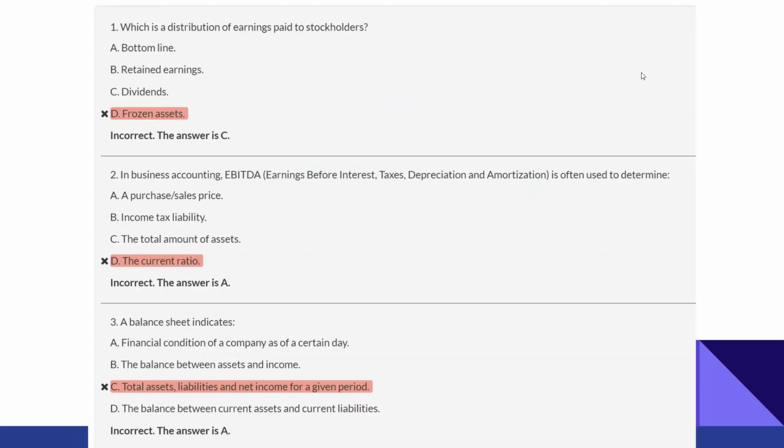Number one, which is a distribution of earnings paid to stockholders. Correct answer is C. Number two, in business accounting, earnings before interest, tax, depreciation, and amortization is often used to determine.